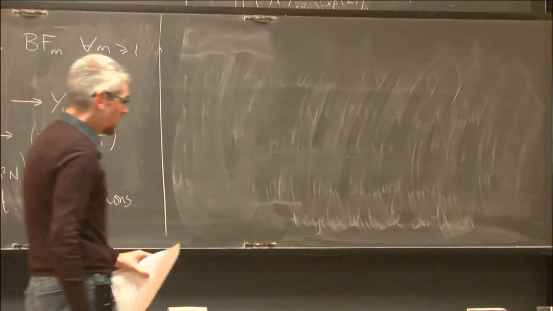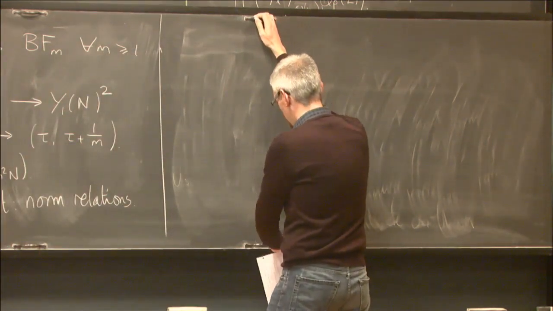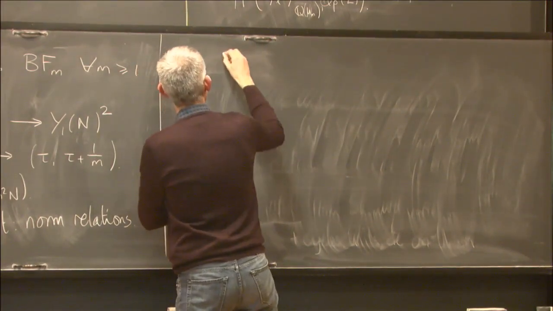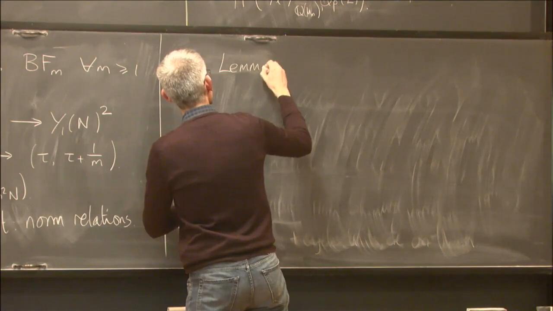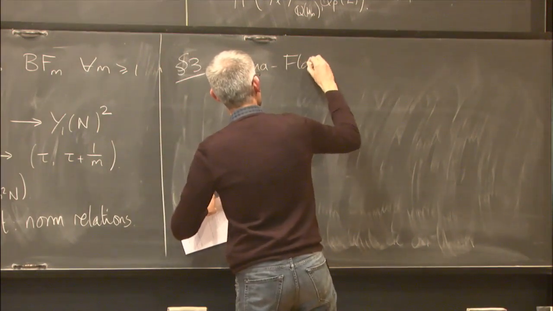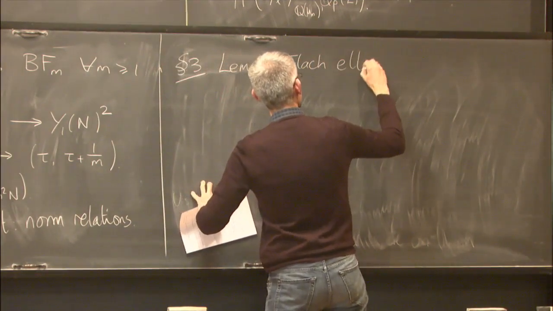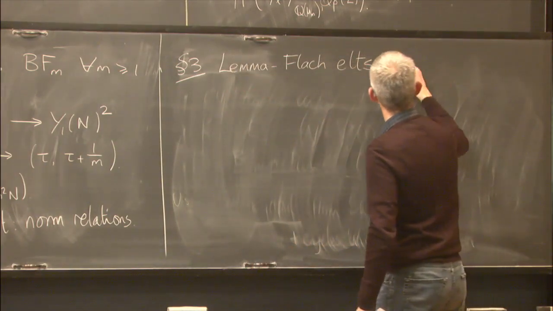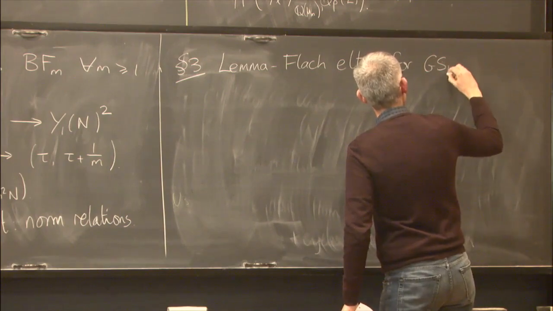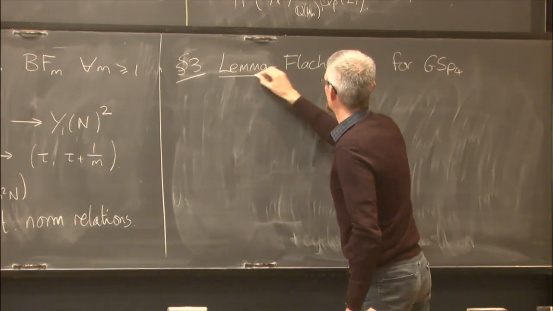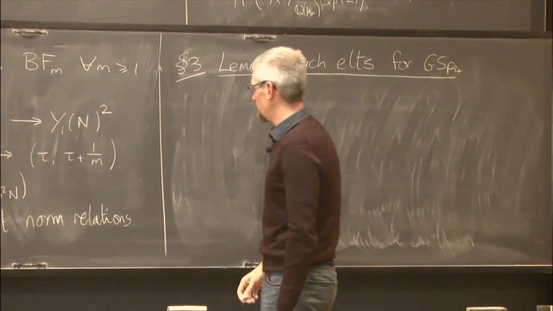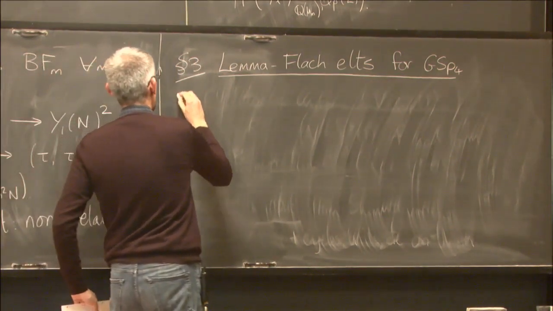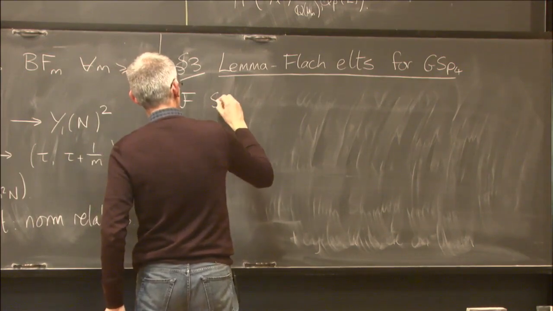So what I want to talk about today is a new Euler system. The Euler system of what we call Lemma-Flach elements associated to GSp4 automorphic forms. So I'm going to take f to be a Siegel modular eigenform.